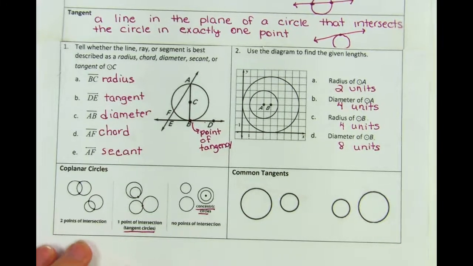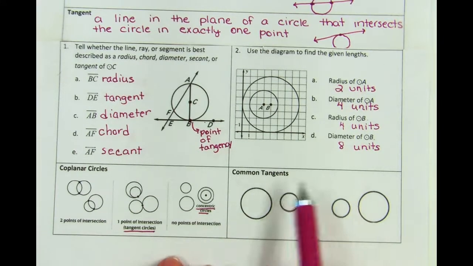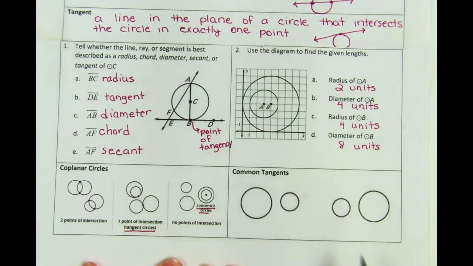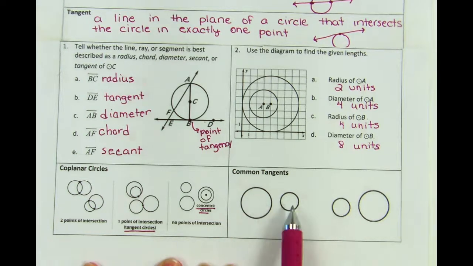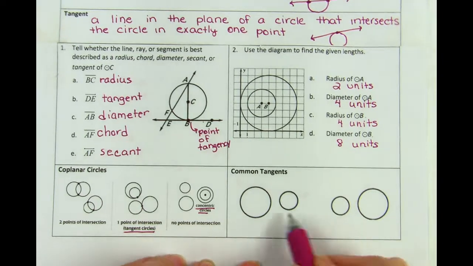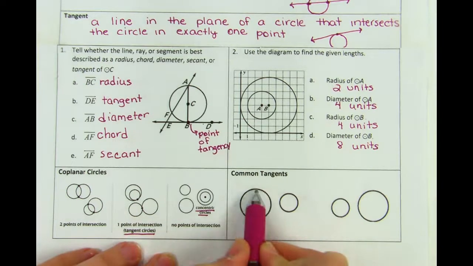Okay, so a common tangent would be a tangent line that is common to two circles. So it's going to intersect both circles in exactly 1 point on this circle and exactly 1 point on that circle. So one example of a common tangent would be like this.